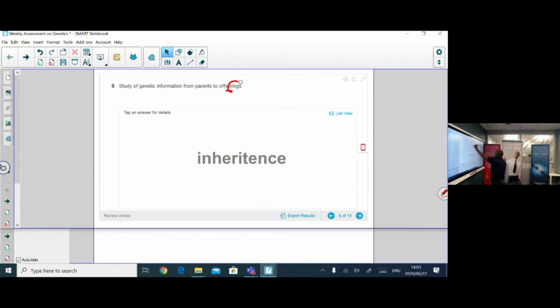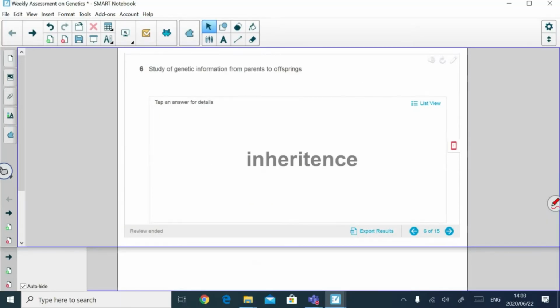The study of the passing on of genetic information from parents to offspring. I did get some good answers. Maybe my question missed one word. The study of the passing on, it was going to be easier for you.